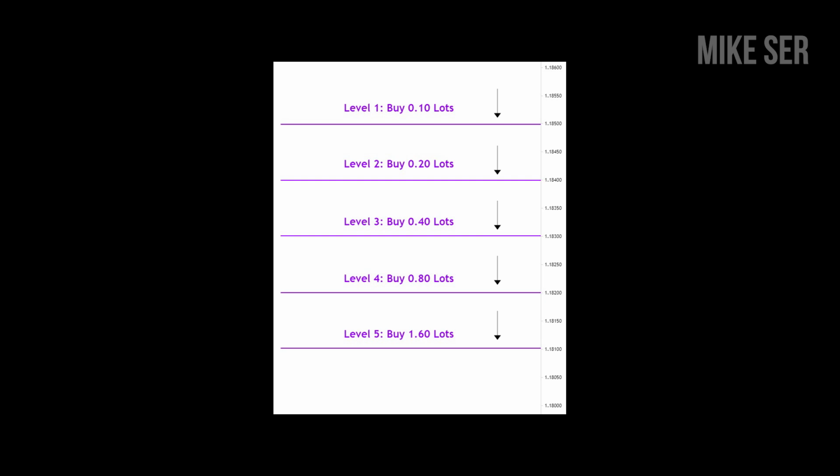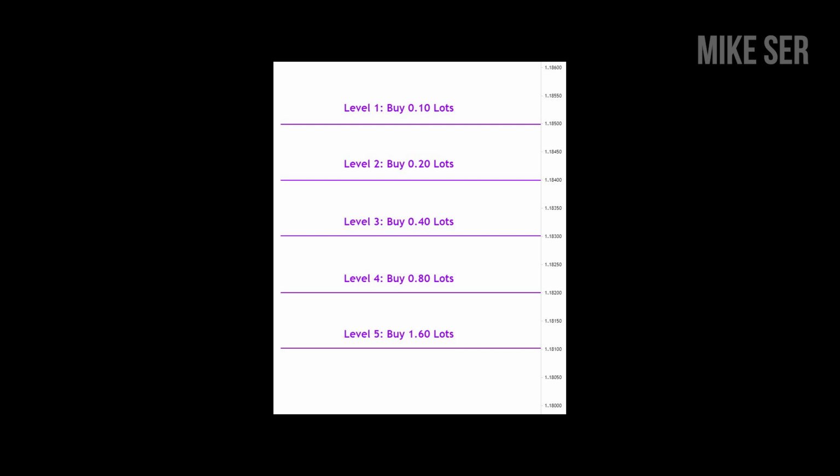Each time it goes down, you would buy 2 times the previous amount. So at some point, the price will stop going down and recover all your losses. And once it starts going up, you'll be able to make a profit from the overall position. Even though you were losing money in the beginning, it turned all your unrealized losses into a profit.